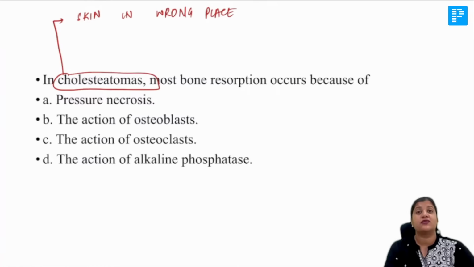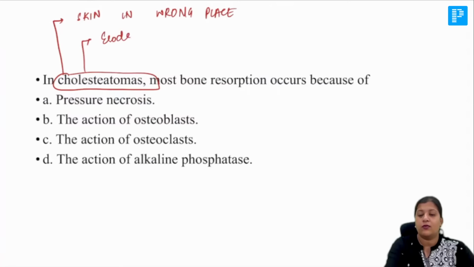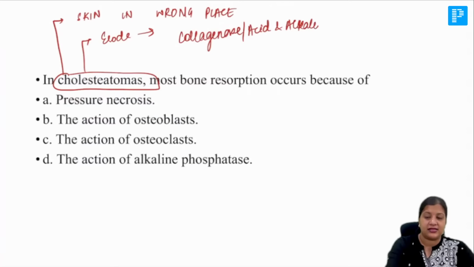These cholesteatomas we know are unsafe because they erode. How do they erode? By producing some enzymes. What are those enzymes? It is collagenase, acid phosphatase, alkaline phosphatase, and other proteolytic enzymes. Because they produce these enzymes, they are going to cause destruction.